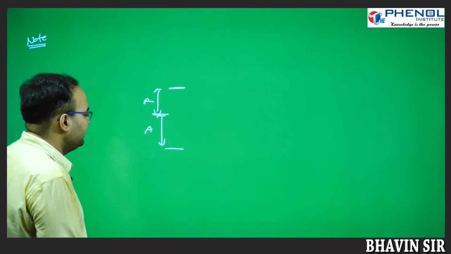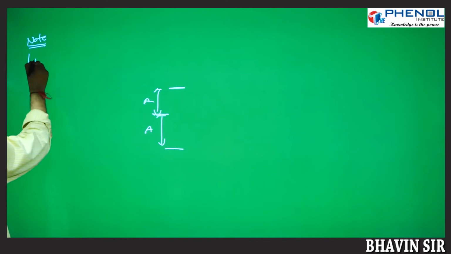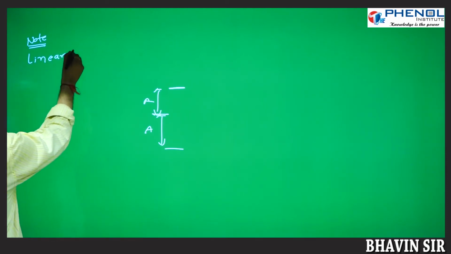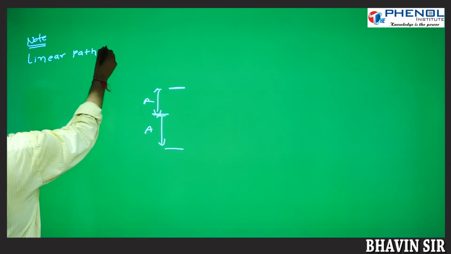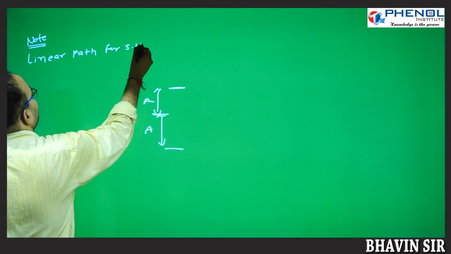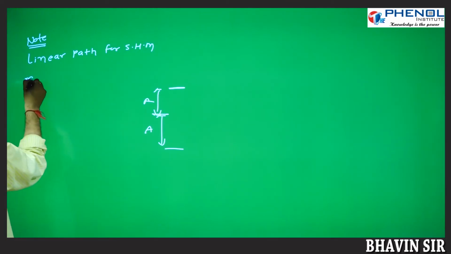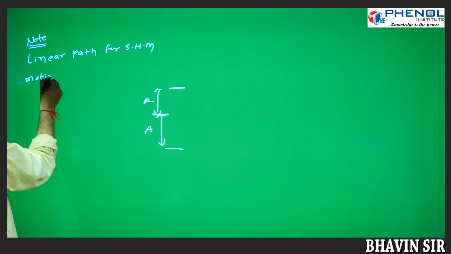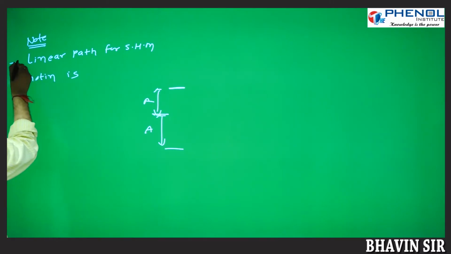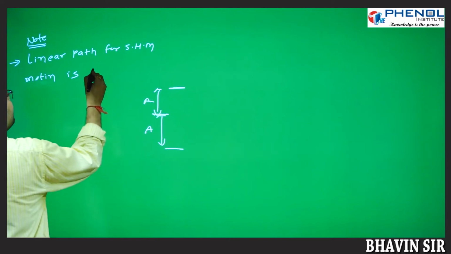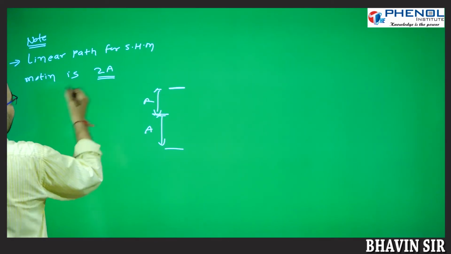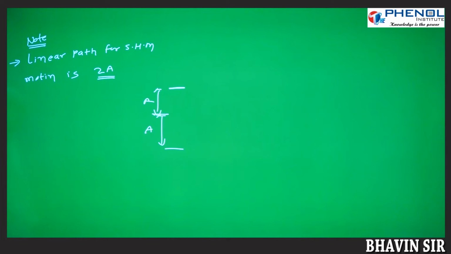Always remember, linear path for SHM motion is 2a. Okay, what is the linear path for SHM motion? 2a.